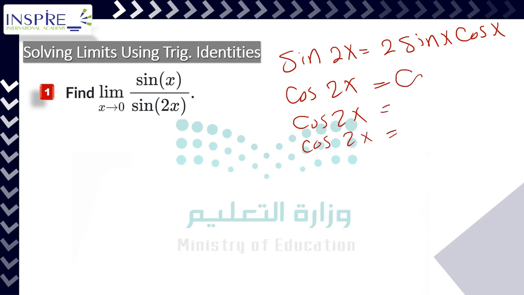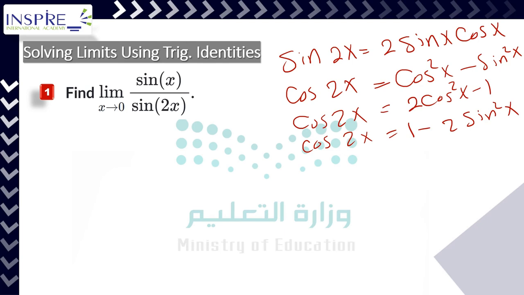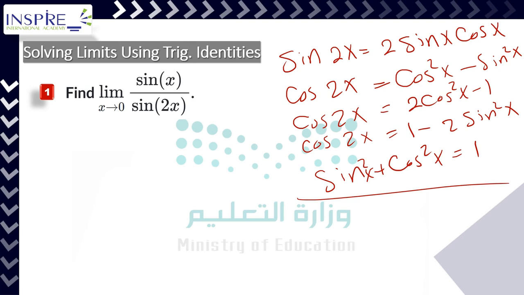The first one is cosine squared x minus sine squared x. Second one, 2 cosine squared x minus 1. Third one, 1 minus 2 sine squared x. And you have sine squared x plus cosine squared x is equal to 1.